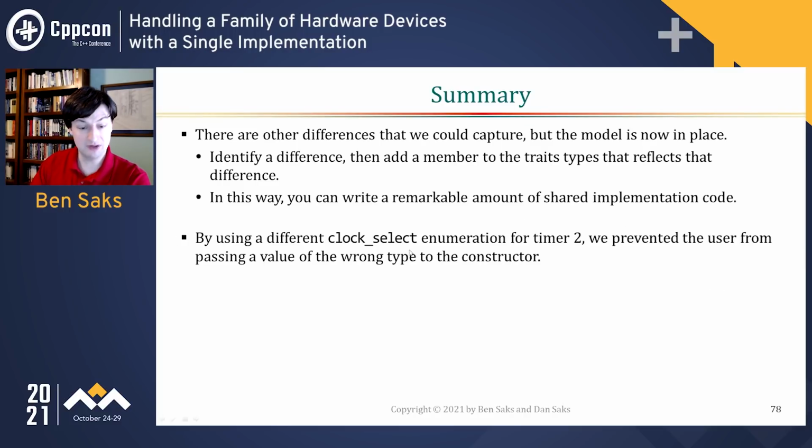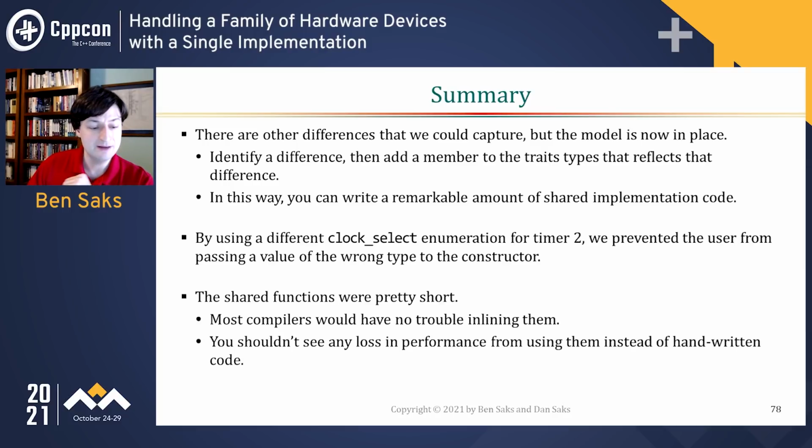As I mentioned before, the clock select enumeration for timer 2 is different. The user can't accidentally pass in an invalid clock select option for a timer that doesn't support that option. Moreover, the shared functions that we were looking at here were pretty short. In a more complete implementation, they might not all be this short, but a lot of them would be fairly simple.